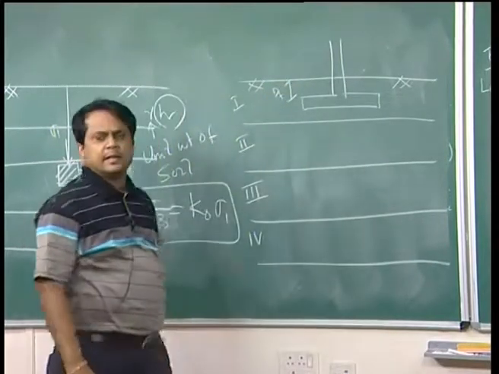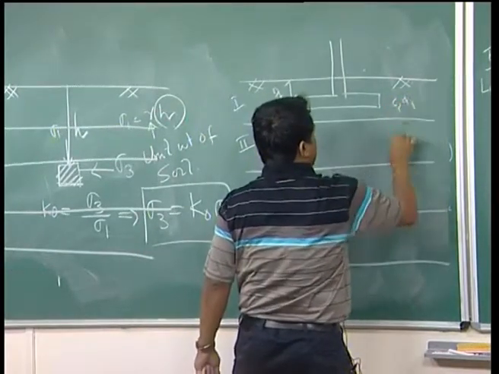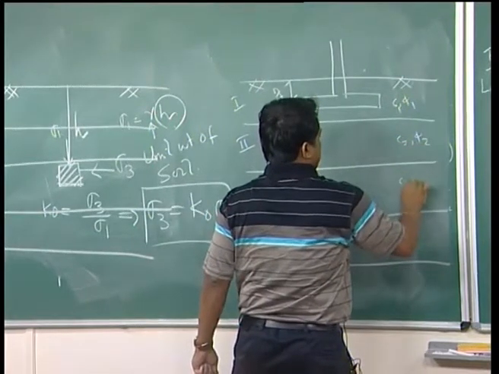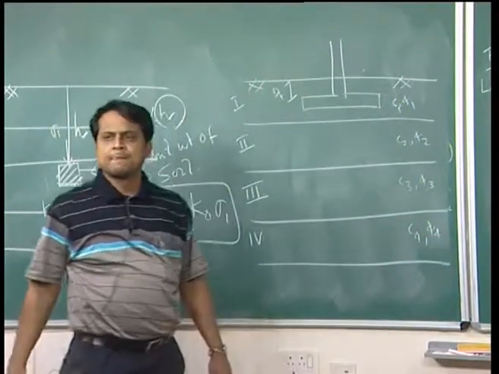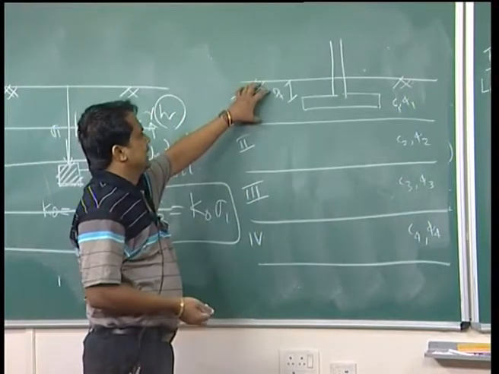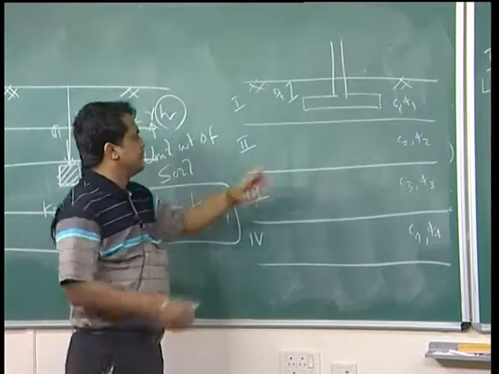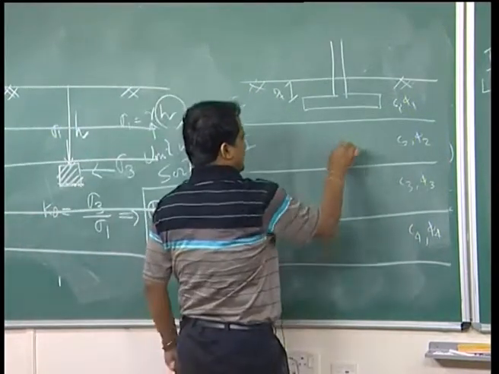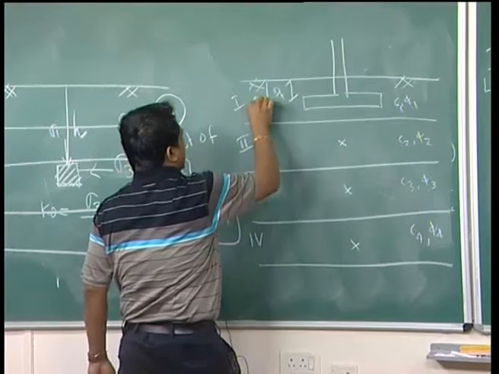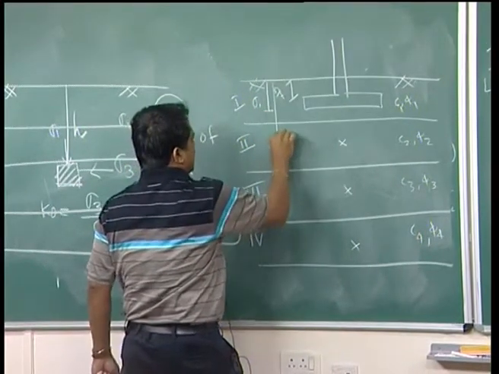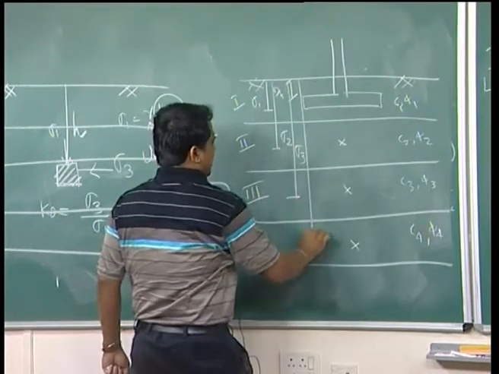You have to calculate the strength parameters of each layer: C1 phi 1, C2 phi 2, C3 phi 3, C4 phi 4. For each layer, by means of boring, you have collected undisturbed samples at the middle. Now for each layer you know the value of sigma 1, sigma 2, sigma 3, sigma 4.